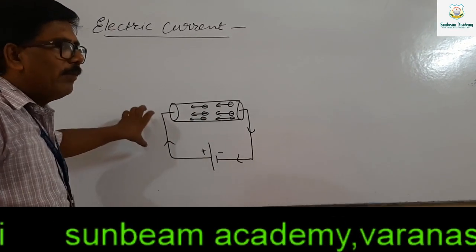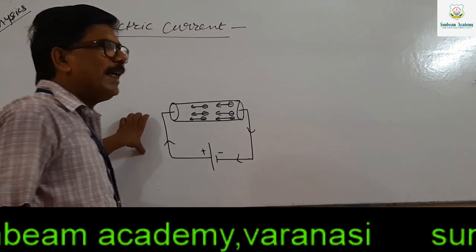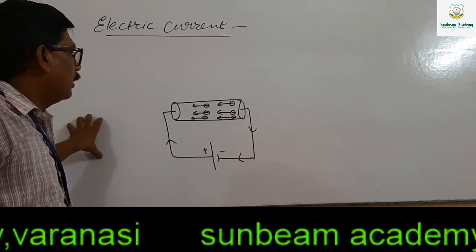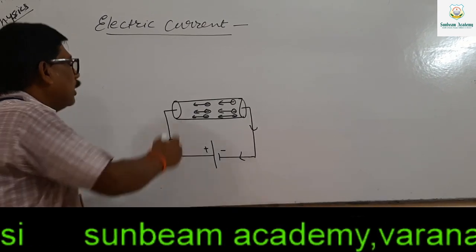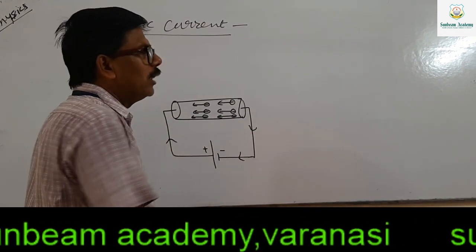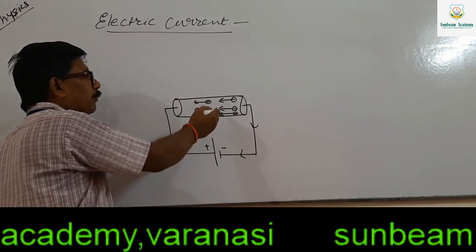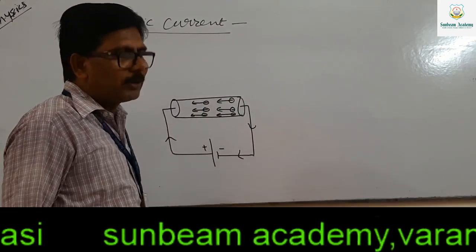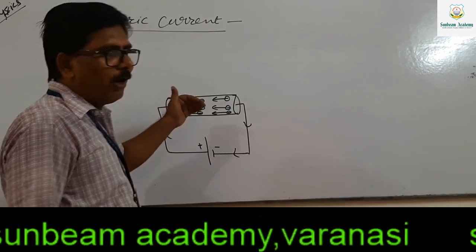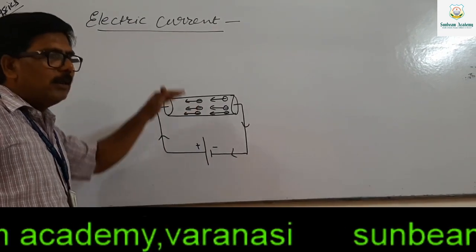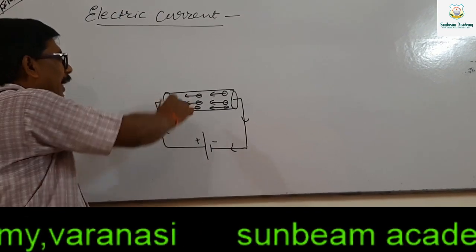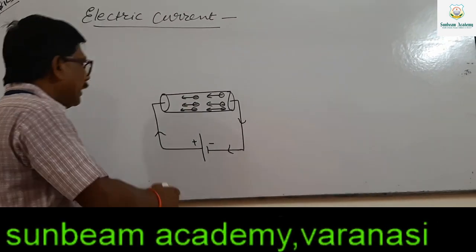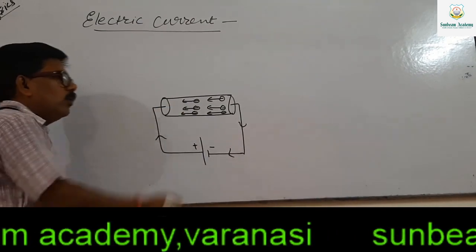The conventional direction of flow of current is from positive terminal to negative terminal, but the actual direction of flow of current is just opposite, that is from negative to positive. Actual flow of electric current in a conductor is from negative to positive, but the conventional direction is from positive to negative.